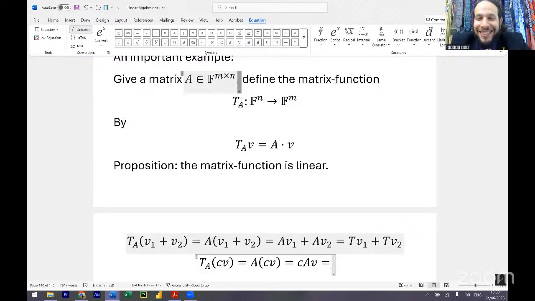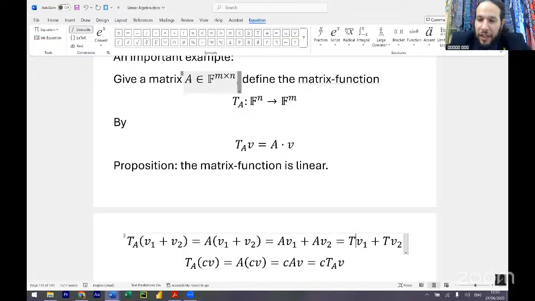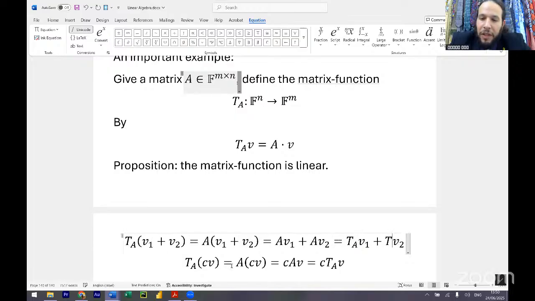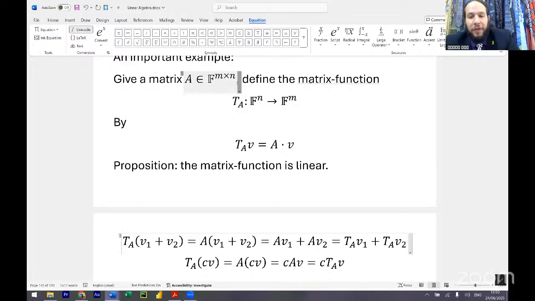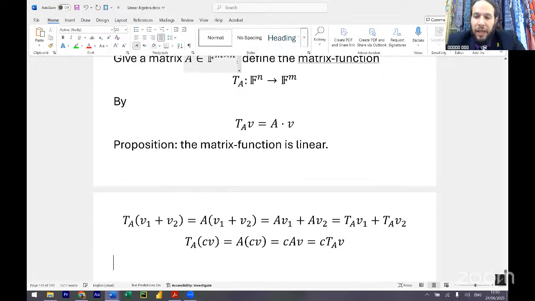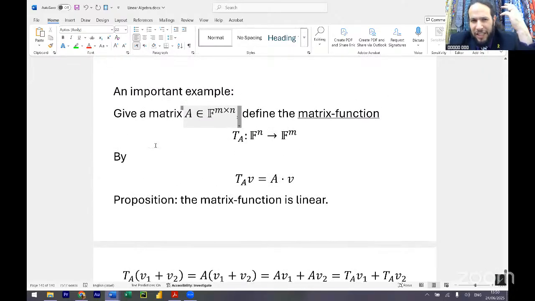So it's c times A v, which is c times T_A of v. Now I'm noticing that here I, by mistake, didn't write T_A. That's the name of the function. So what we've proven here, while Sammy was getting his lunch, is, well, I just said, the matrix function is a linear function.